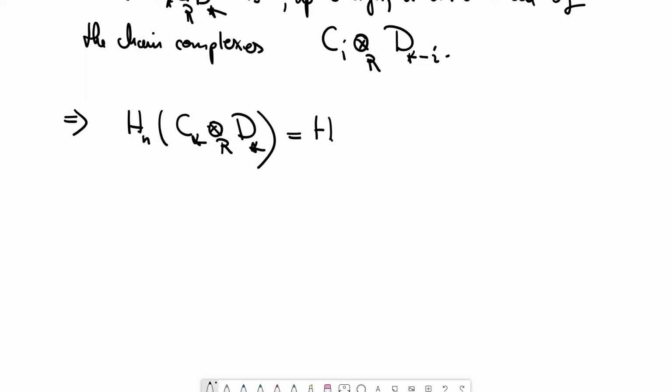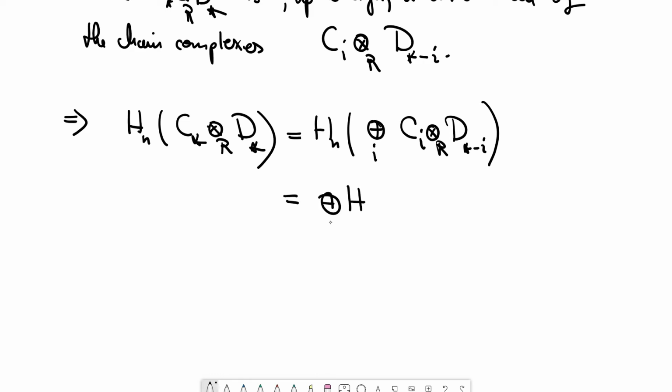Let me first write Hn of the direct sum of these chain complexes. Direct sum we can just draw out of the homology, and then we have a shifted copy of D star tensored with a module Ci.